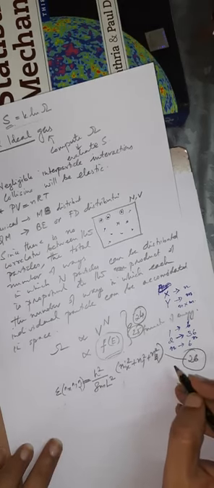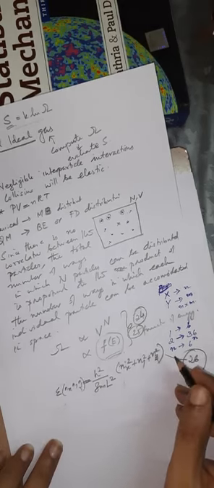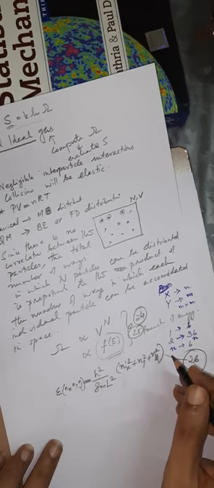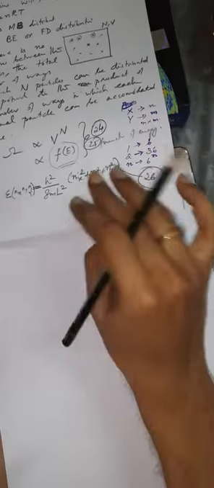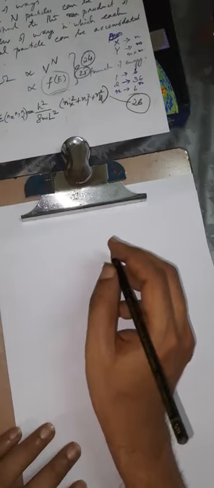And now what can we do? Now we should extend this to all the particles, n number of particles in our system, right? Therefore, if I need to extend it for n number of particles, let me take one of the particles as the ith particle.